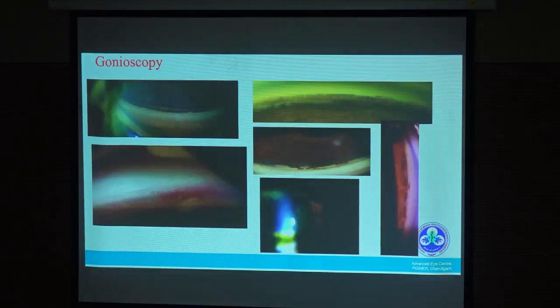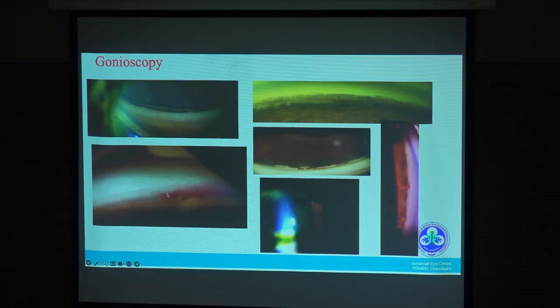So you get a lot of findings in gonioscopy. In the first picture, you get a very thick, highly pigmented trabecular meshwork with Sampaolesi's line, suggestive of pigment dispersion syndrome. In this picture, the line is a broken, patchy pigmentation anterior to Schwalbe's line, suggestive of pseudo-exfoliation syndrome.